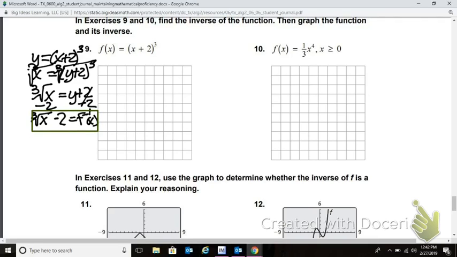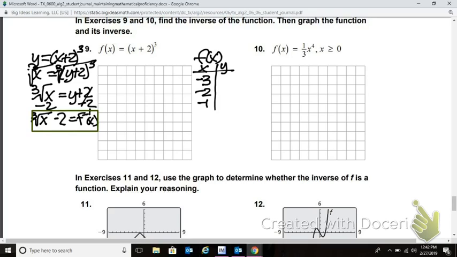To graph them, we just need a couple tables of values again. So let's use our f of x. And this is cubed, so we're going to need more than 1 or 2 points. Let's do negative 3, negative 2, negative 1. I think 0 is going to be off the graph, actually, so we'll just stop there.